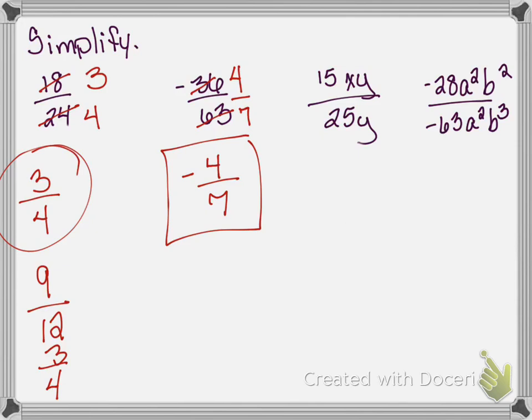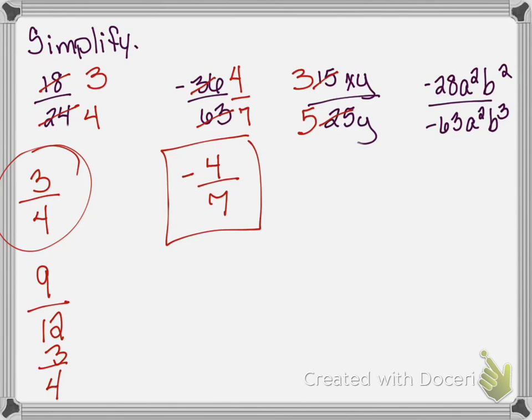So in this one, I have 15xy over 25y. What you want to do is deal with the numbers first. What number goes into 15 and 25? 5. So 5 goes into 15 3 times, and 5 goes into 25 5 times.